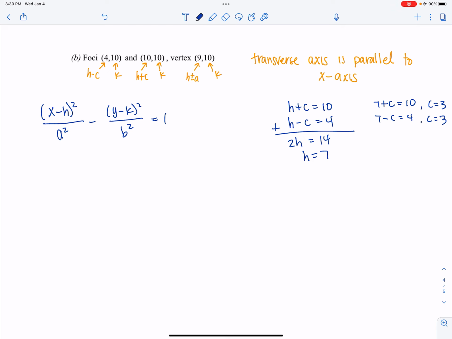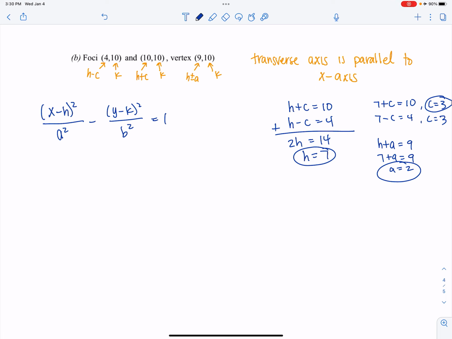And then if we check our h plus a, so we have h, we have c. If h plus a equals 9, and h is 7, 7 plus a equals 9, then a equals 2.